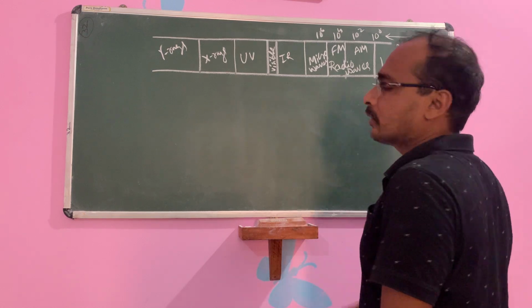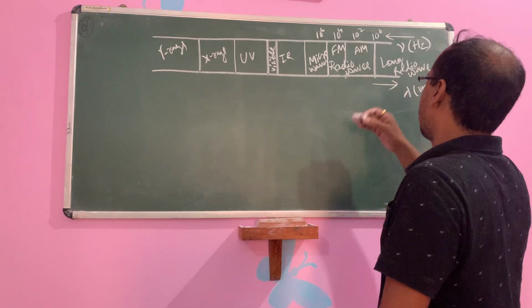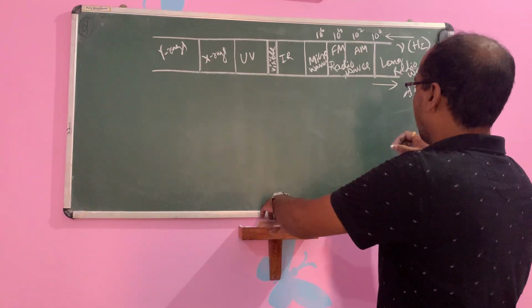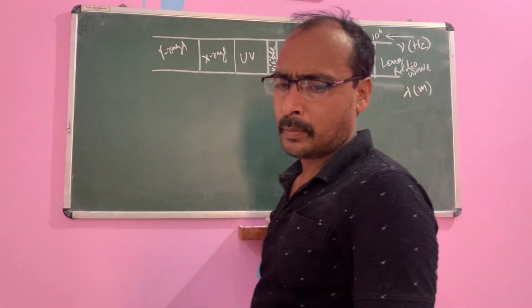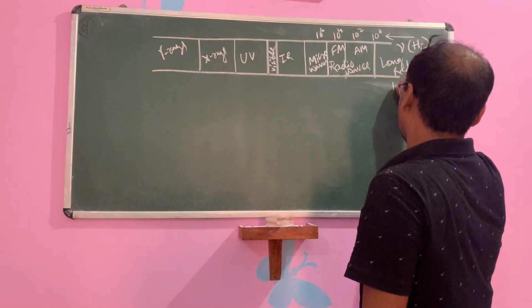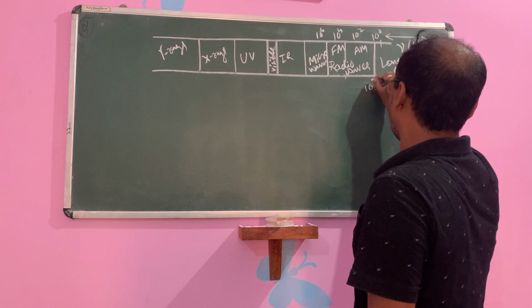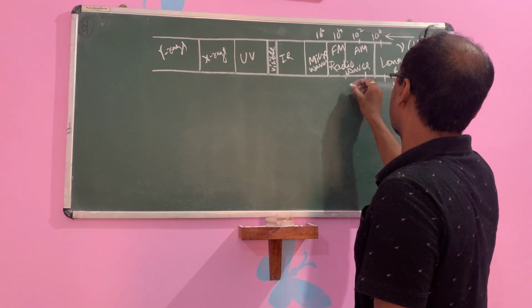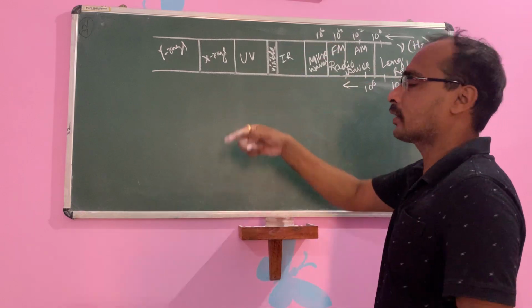Wavelength decreases in this direction or increases in the other direction. Suppose wavelength is 10 to the power 8, 10 to the power 6, like this. Increasing frequency, decreasing wavelength.